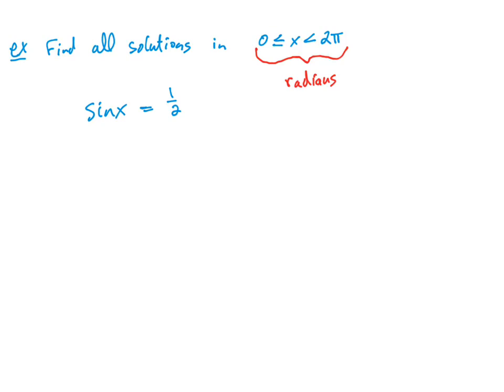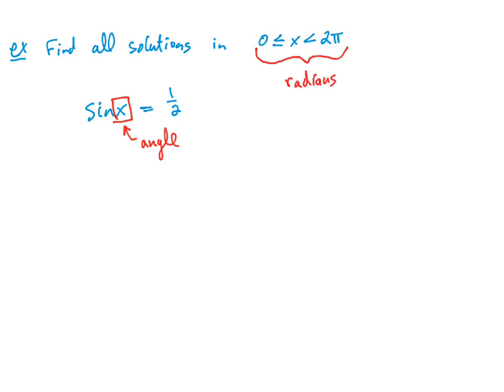We're trying to figure out what x is equal to. The values that go into a trig function are angles, so x is an angle. We're trying to find the angle such that the sine of that angle is equal to 1/2.